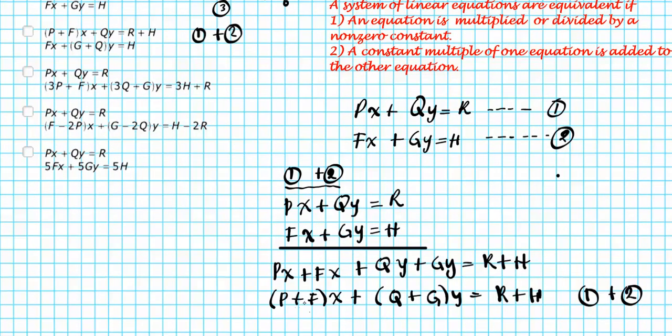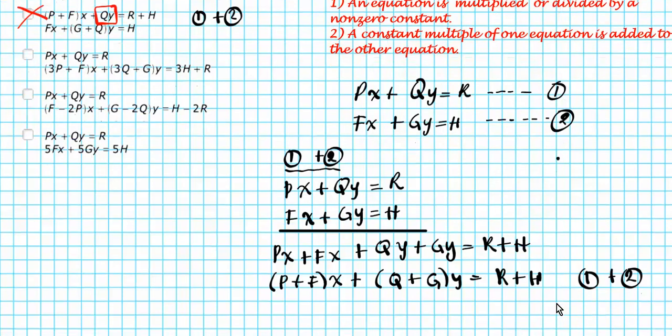This is it right here: P plus F times X plus Q plus G times Y equals R plus H. This is the legal way of doing it, right? But if you look at what we have, in the first equation you added the X's, but the Y's were not added. Is that legal? The answer is no. It must be 1 plus 2. You cannot just add part of 1 and 2 and ignore the other part. So this is not an equivalent system since it's not a combination of both equations. It's a partial combination.